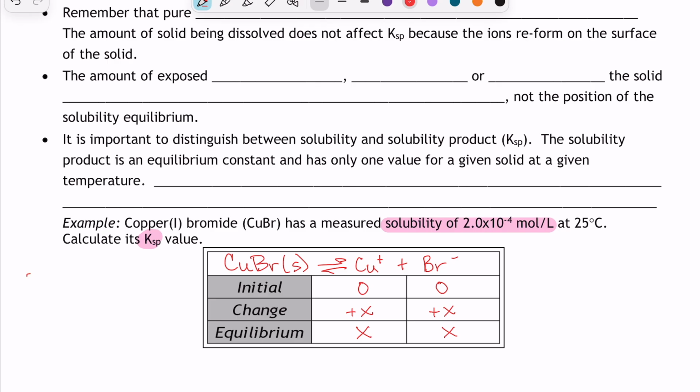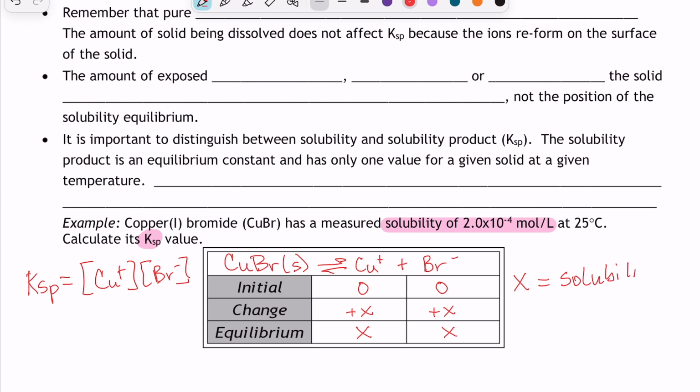Now I'm going to write my Ksp expression. Always start with your equilibrium expression: Cu+ and Br-, each raised to the power of its coefficient. They're all 1s, so that's all we have to do. Now there's a very important tip: x is equal to the solubility.